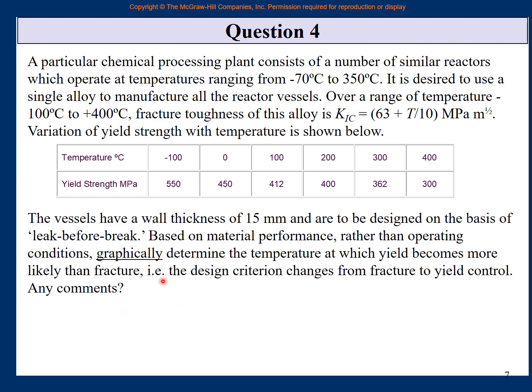Any comments? So we don't want to solve it by equations. The values of fracture toughness K1C at different temperatures are calculated by you. The values of the yield strength at different temperatures are given, right? You have a leak before break type of criterion. So now you think a little.